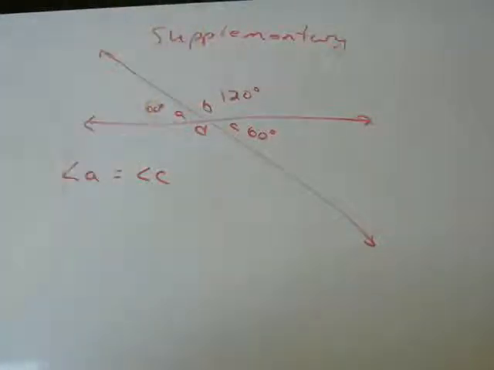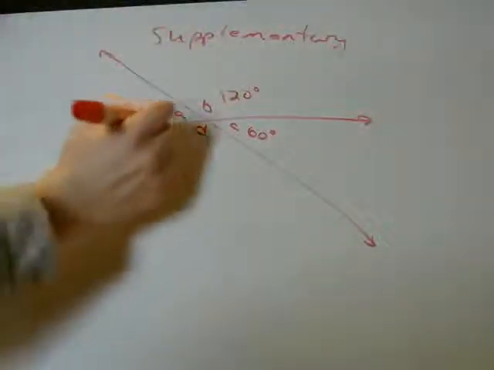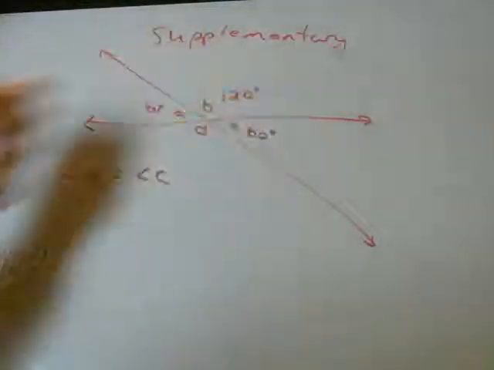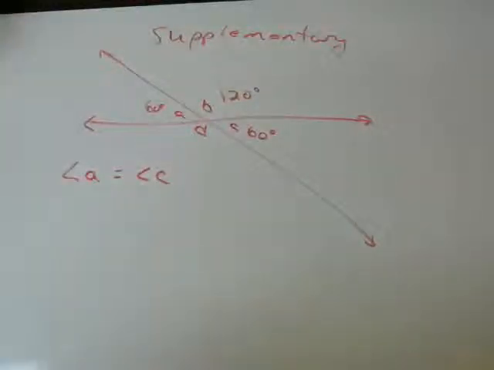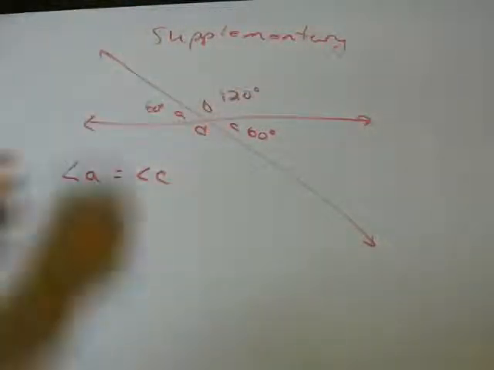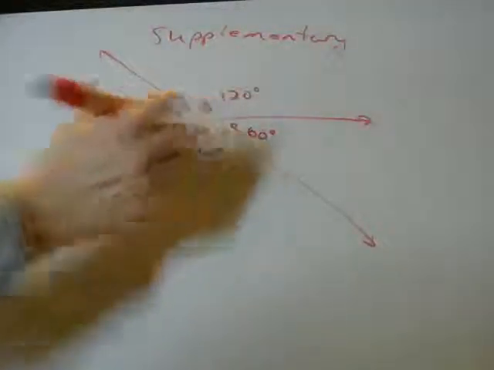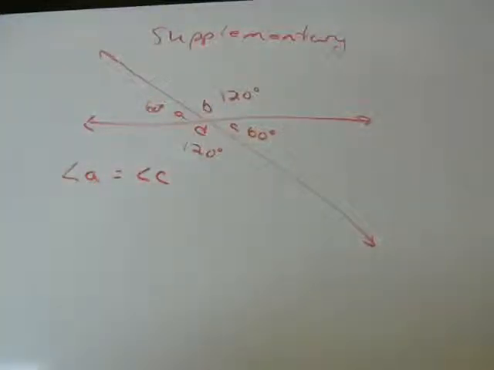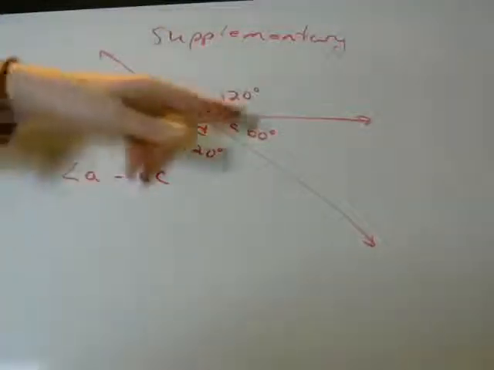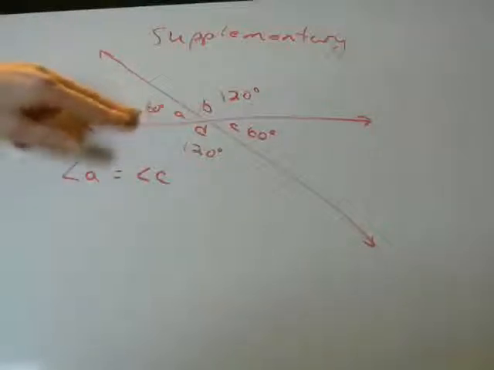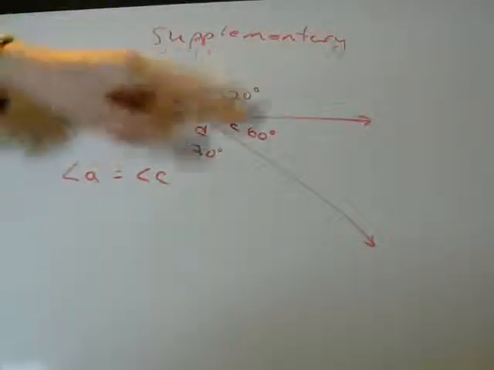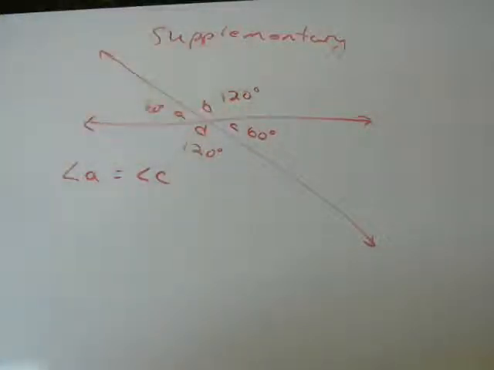They have to be supplementary, because the measurement on a line from one side of the line to the other always equals 180. So now we know angle B is 120 degrees, so angle D also has to be 120 degrees. So if you have two lines that cross each other and they give you the measurement for one of the angles, you can figure out the answer for all of the other angles as well.